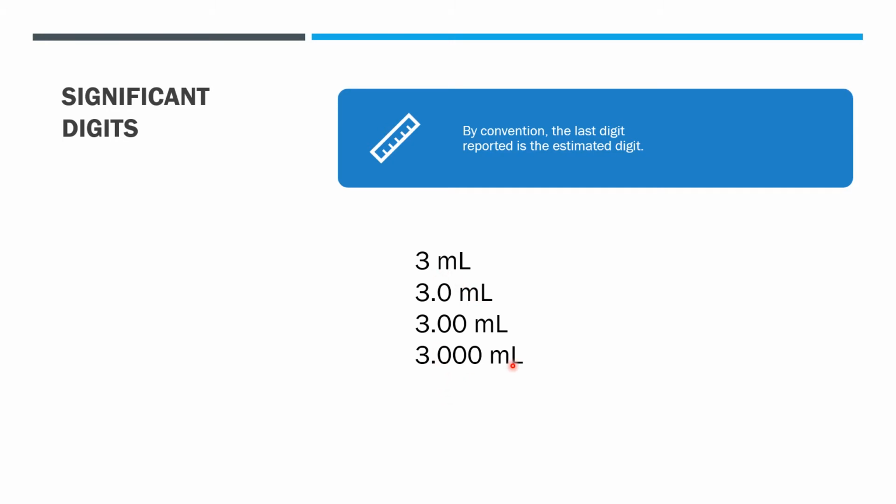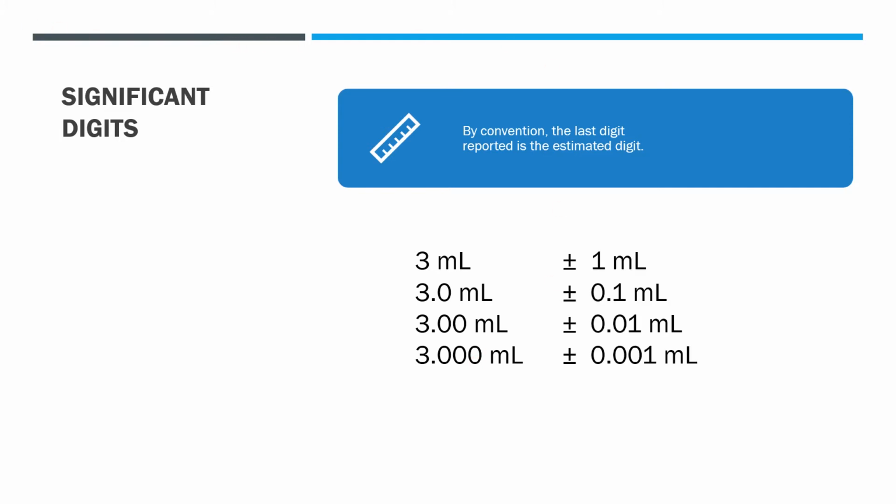If I write it down this way, I'm telling you this is the estimated digit, and this could be 2.999, or it could be 3.001. See, so it makes a big difference where the estimated digit is, and you always know where it is in this convention because it's the last digit that they wrote down.